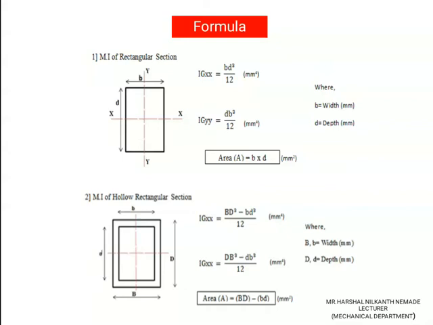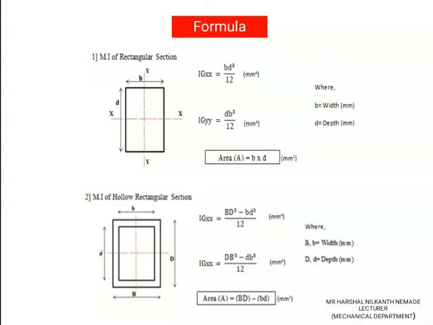Moment of inertia of hollow rectangular section. There is a figure. Igxx is equal to capital BD cube minus small bd cube divided by 12. Igyy is equal to capital DB cube minus small db cube divided by 12.